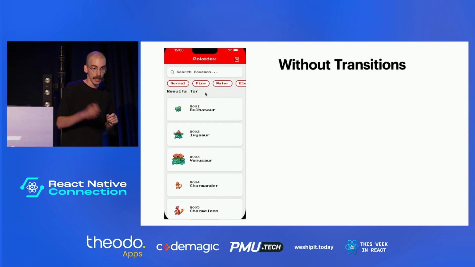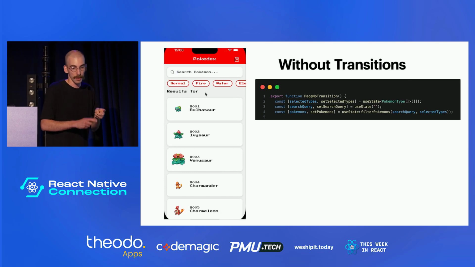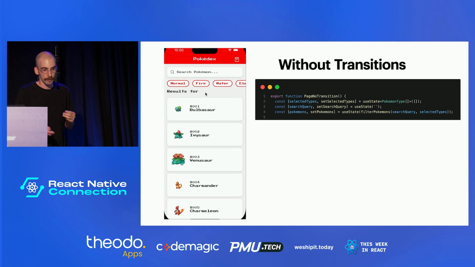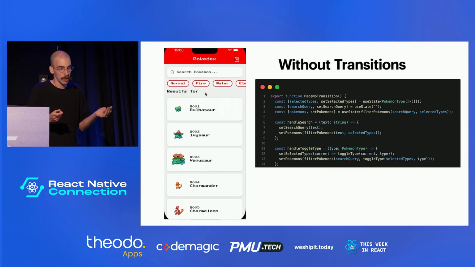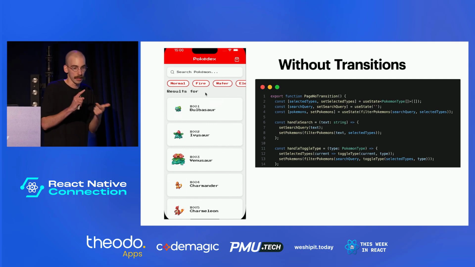How is this implemented? I have three states. I have two for my search terms, either for the thing that the user typed in the input or for the selected types. And I have a third state for my list of Pokemons. And then I have two actions. They do the same thing. They first update the state for the filter, and then they update the list of Pokemons based on the filters.